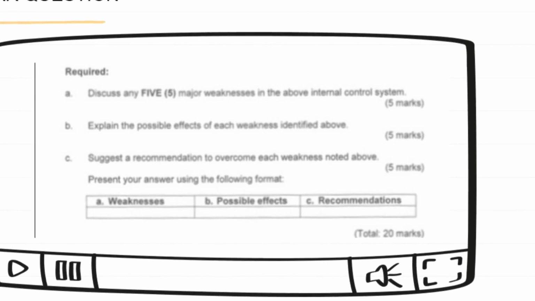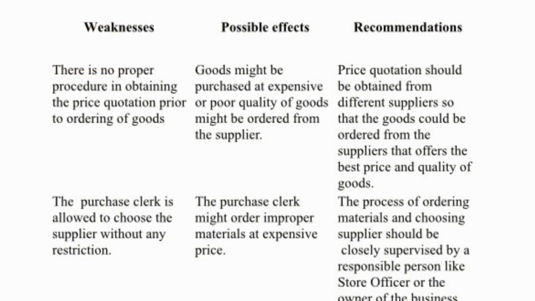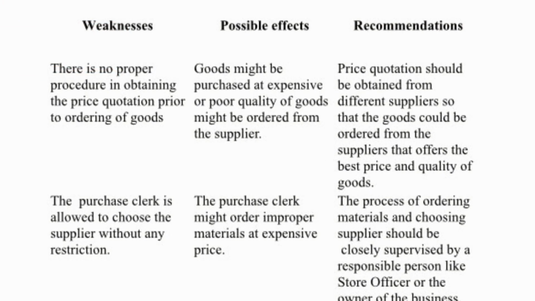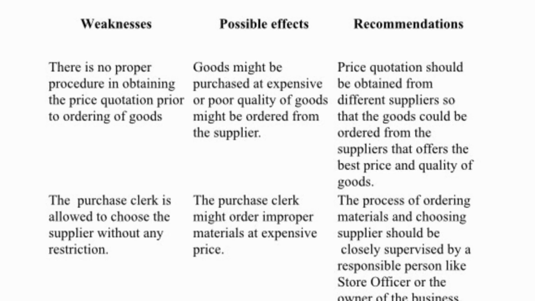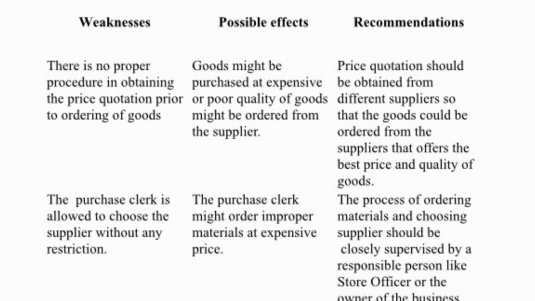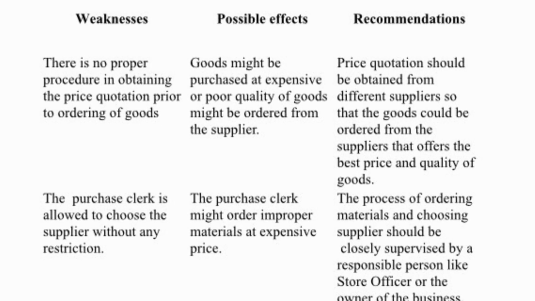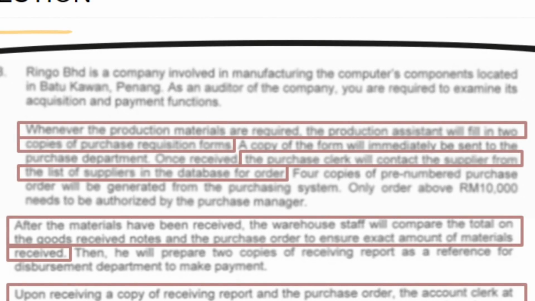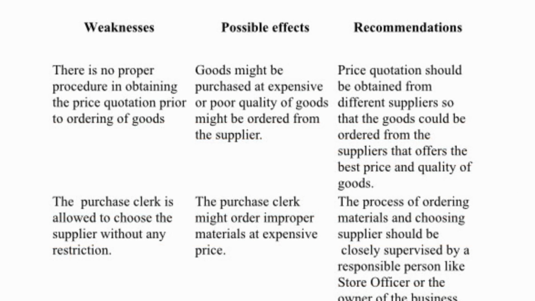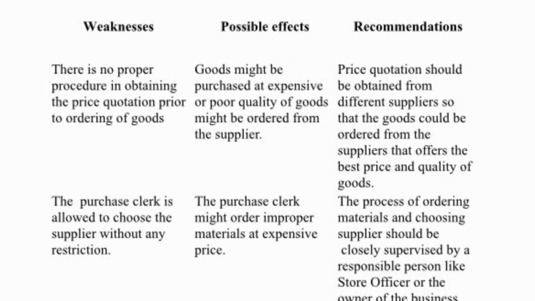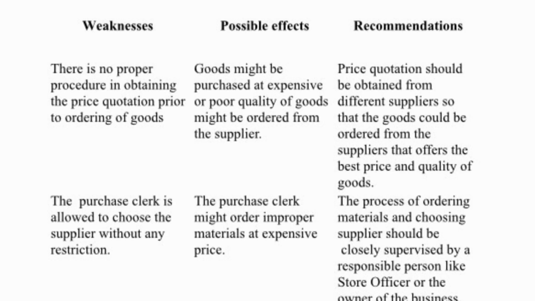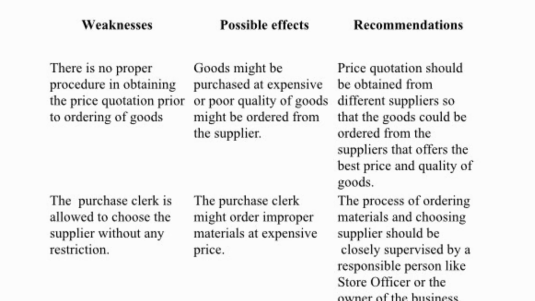So the answer for question B is, the first weakness is there is no proper procedure in obtaining the price quotation prior to ordering of goods. This weakness is found from this sentence: whenever the production materials are required, the production assistant will fill in 2 copies of purchase requisition form. So there is no sign of them having a proper procedure in obtaining the price quotation prior to ordering of goods.